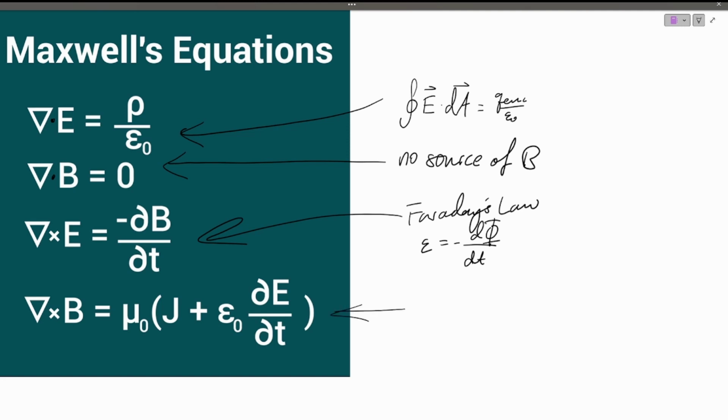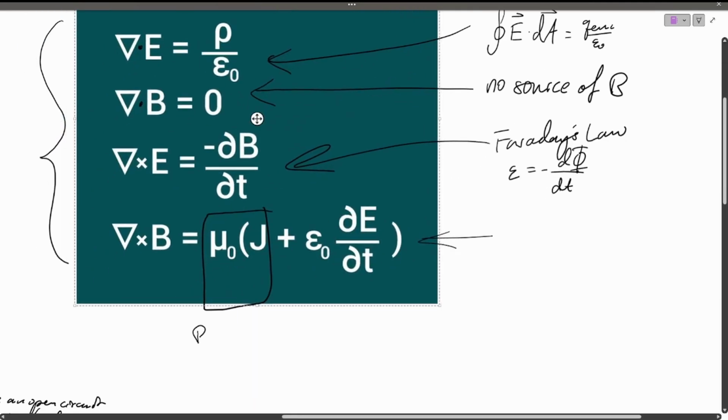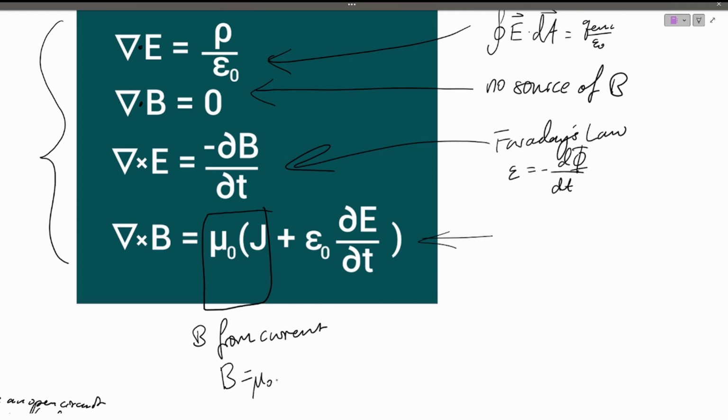And then this one I think is the one you covered more extensively in class. This one is covering B field from a current. So this term here is B field from current, which is just B is equal to mu naught I, I believe.